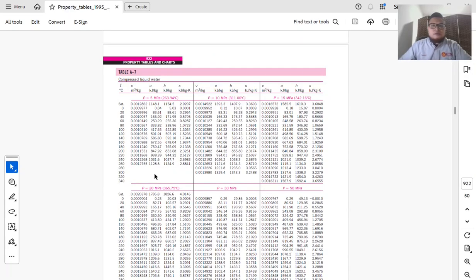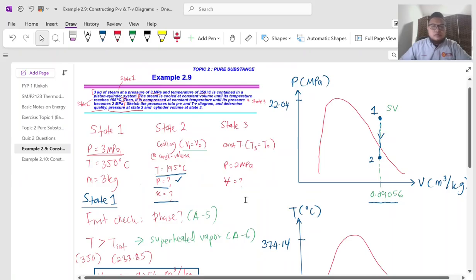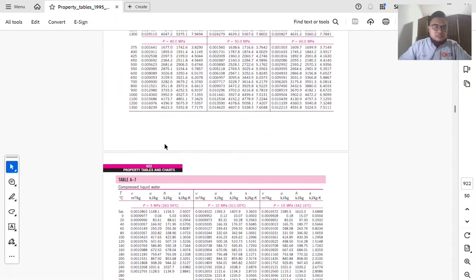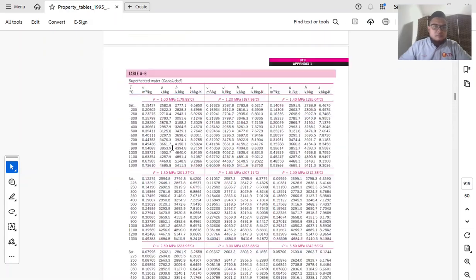So when we have, for example here, it's inside the vapor dome, so we are going to put our focus on either table A4 or A5, depending on the question. If temperature is given, then we look at table A4. If pressure is given, A5, right? So now 195 degrees Celsius in table A4, temperature based.